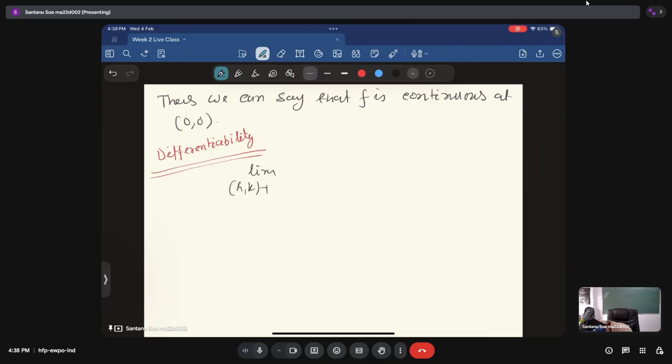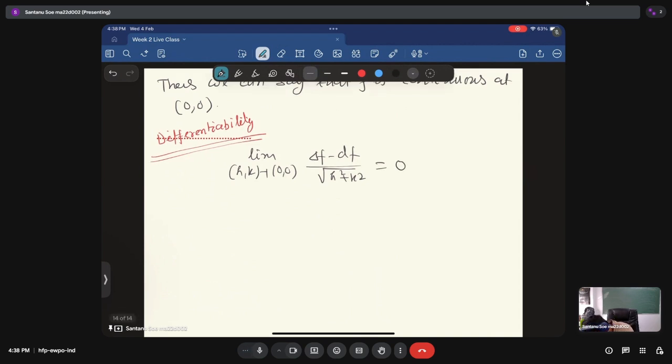limit h, k tends to 0, 0, delta f minus df divided by square root of h square plus k square is 0, where delta f is nothing but f of h comma k minus f of 0, 0, and df is nothing but h fx 0, 0 plus k fy 0, 0.